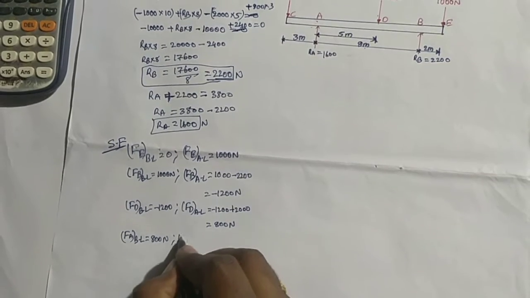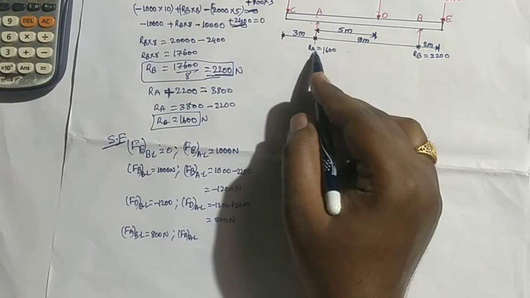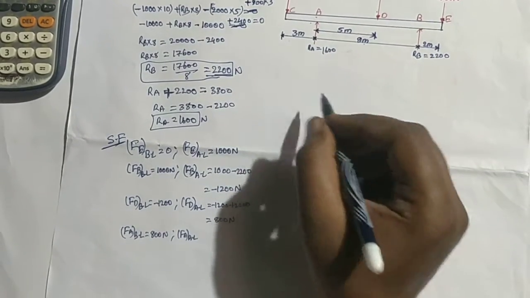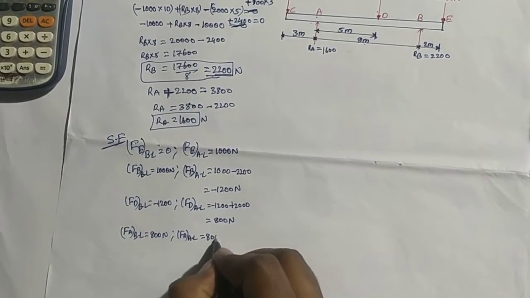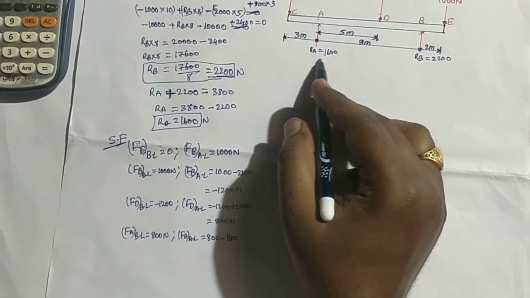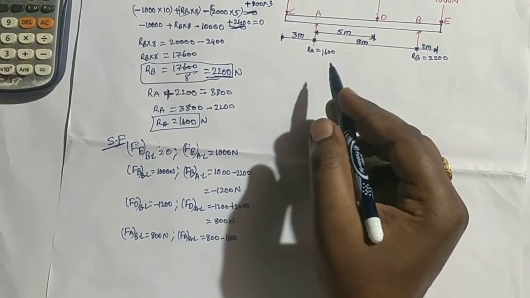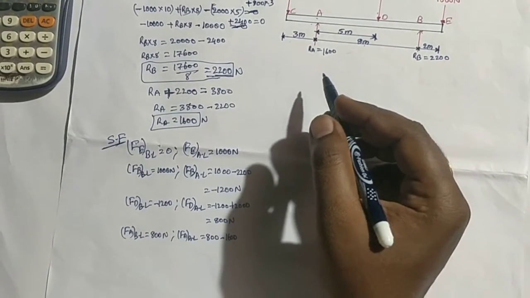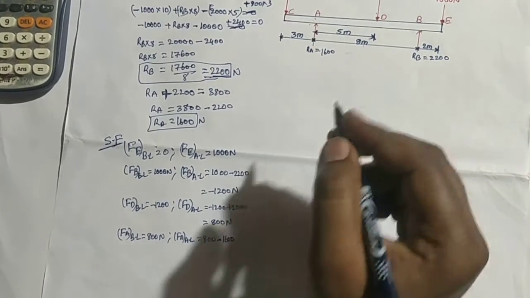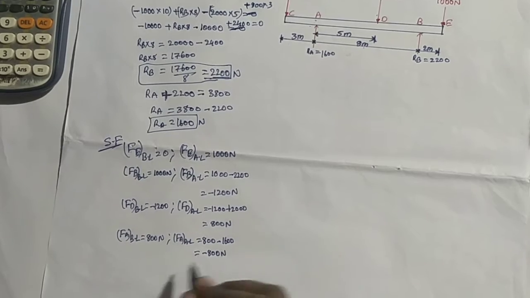Next, shear force at point A after load, by considering the reaction force acting at point A: 800 minus 1600, because here 1600 is an upward force, so it is taken as negative, so the value is minus 800 newtons at point A.